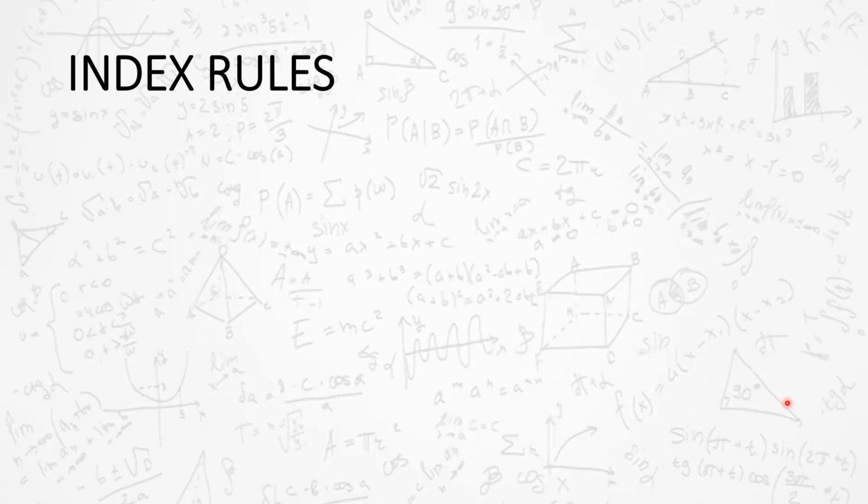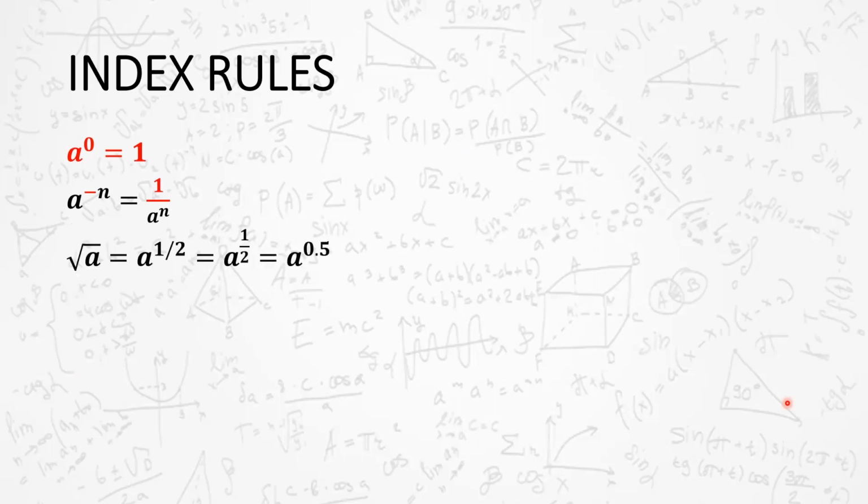Let's concentrate on the negative index and the fractional index. A to the power 0 equals 1. Anything to the power 0 equals 1 as long as the base does not equal 0. Then again, a to the power minus n equals 1 over a to the power n, so the minus sign becomes 1 over.